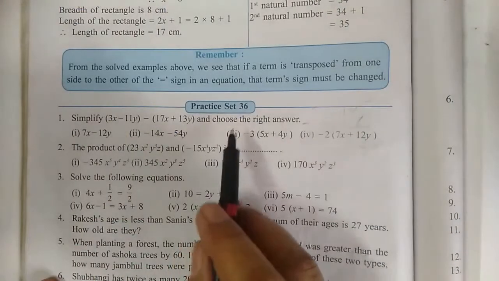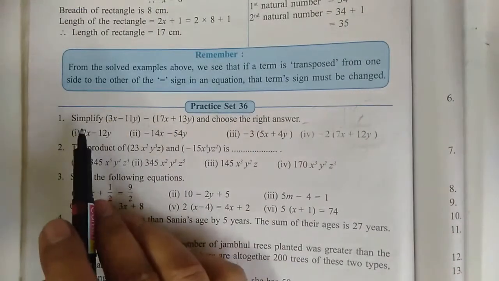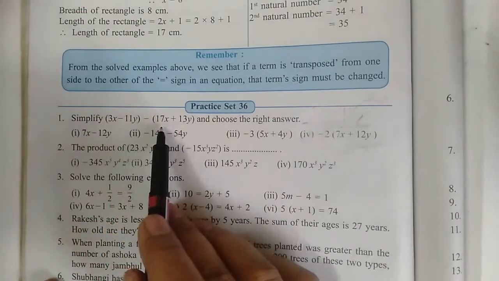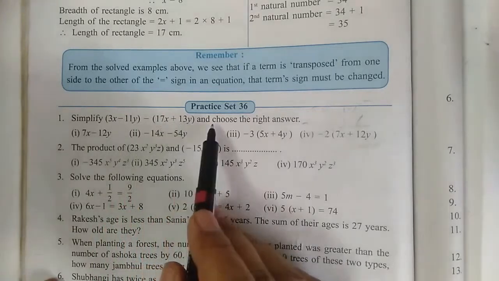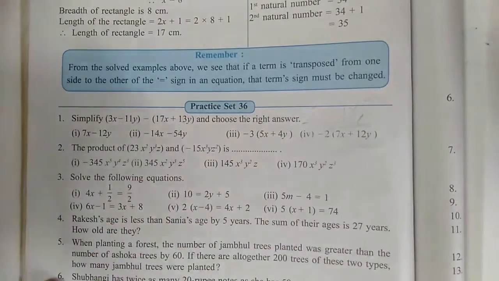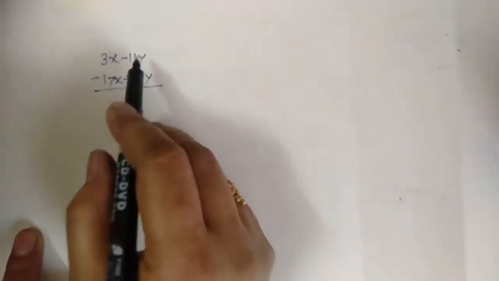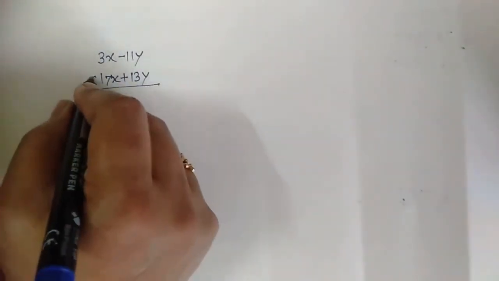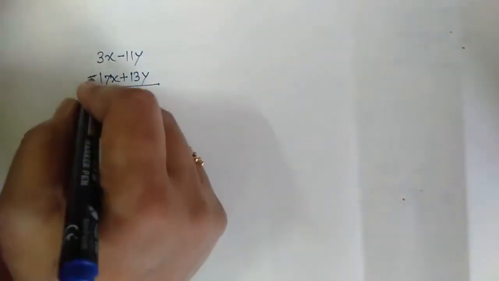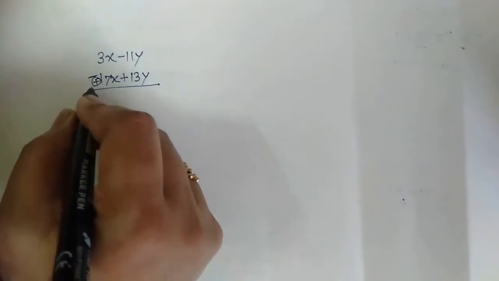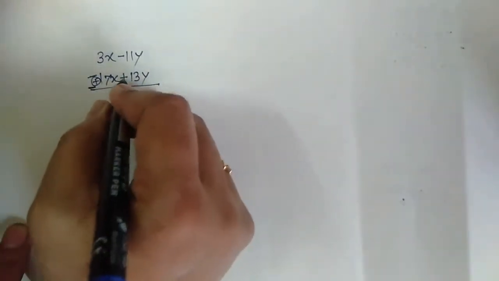Let us move to the practice set 36. In that the first question is simplify thrice x minus 11y minus 17x plus 13y and choose the right answer. So firstly we will calculate the subtraction here. See, thrice x minus 11y minus 17x plus 13y. So change the sign of each term of the second expression.